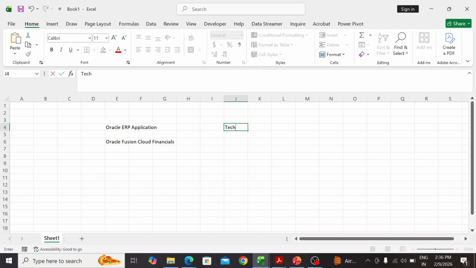You are helping people by making the integrations, using the OIC tool. It is basically a PaaS application, correct? Yes, it is a PaaS application.